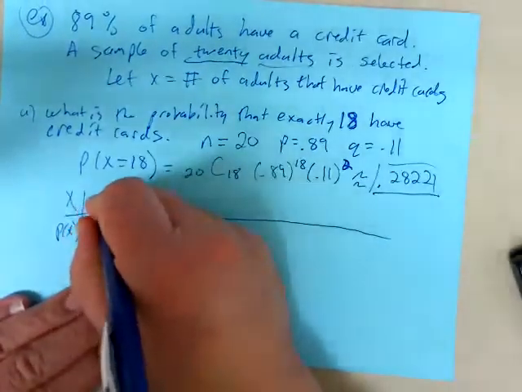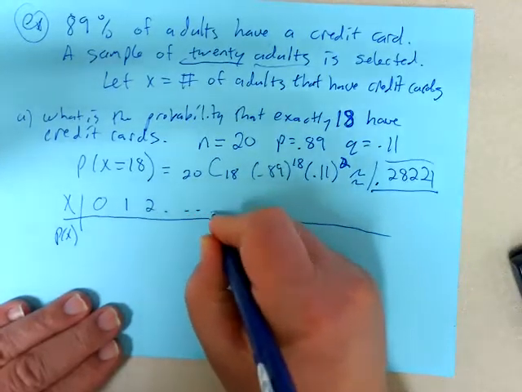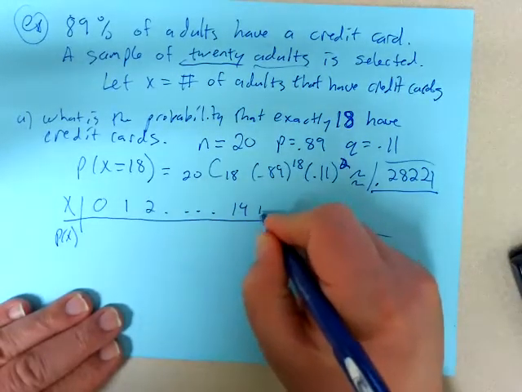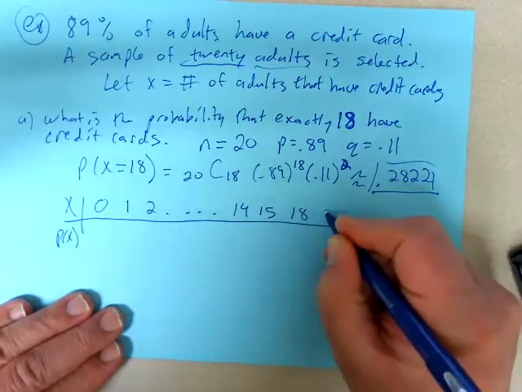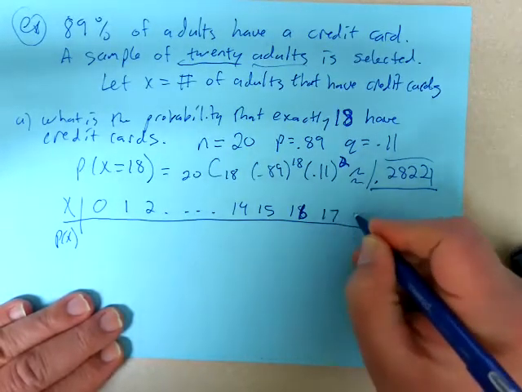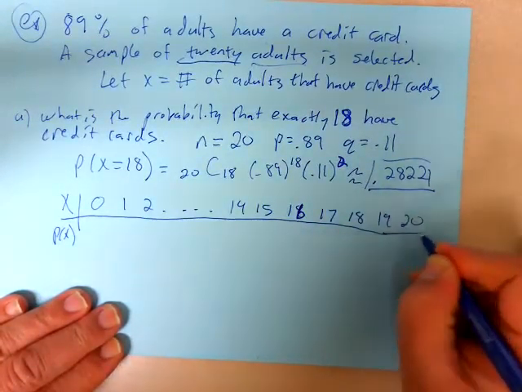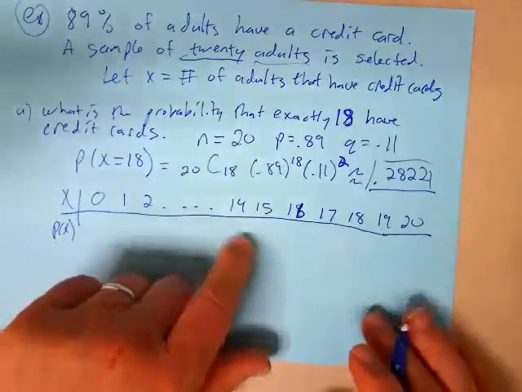So what I'll do is maybe I'll do 0, 1, 2, on up to, I'll say 14, 15, 16, 17, 18, 19, 20. Okay, and how do I know to start at 14?